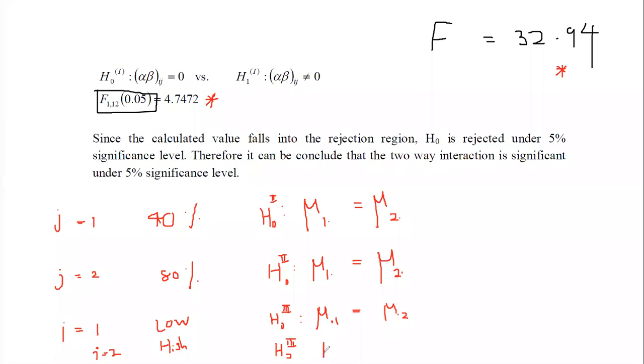In the temperature level high, we need to test for the humidity level 1 and humidity level 2. Therefore, this is how we need to perform the testing for the third part to obtain the answer for the third part.